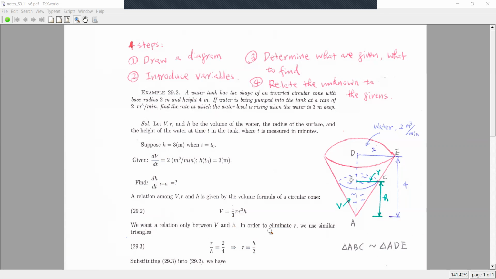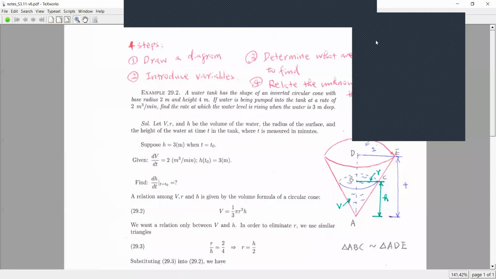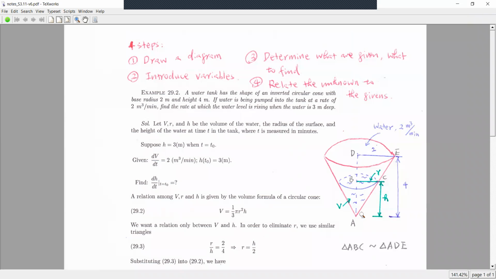In order to eliminate R, we use similar triangles. From the diagram, we can see that the triangle ABC and the triangle ADE are similar. So R over H is equal to 2 over 4.